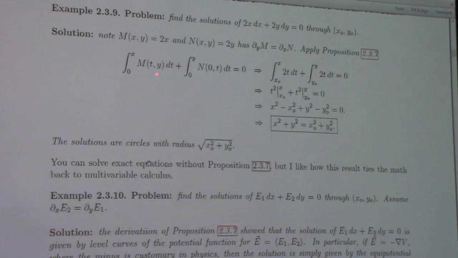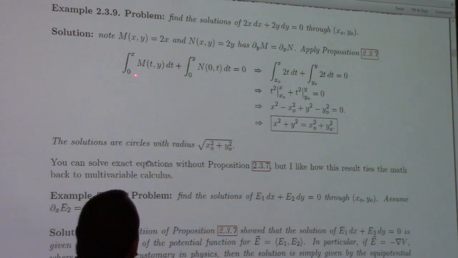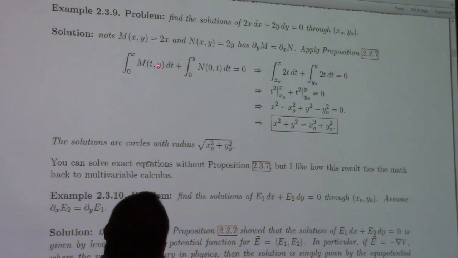That's supposed to be y naught, right? No, wait a minute. I think this is a cut and paste error. I'm supposed to have what here? This should be y naught, right? This is definitely supposed to be x naught. That's supposed to be x. There's a typo here.